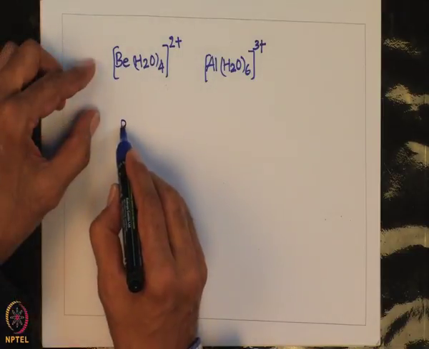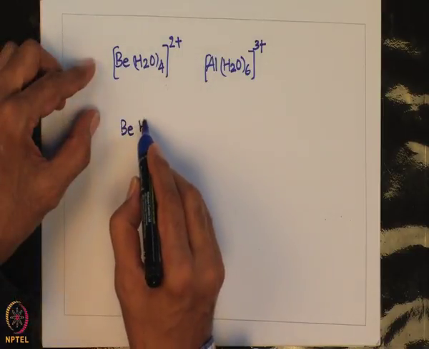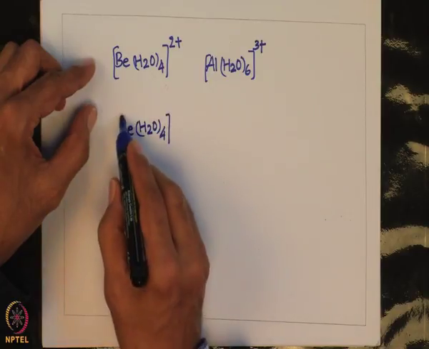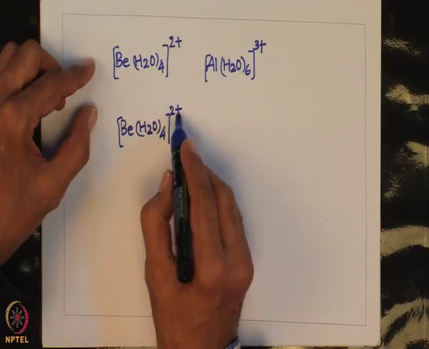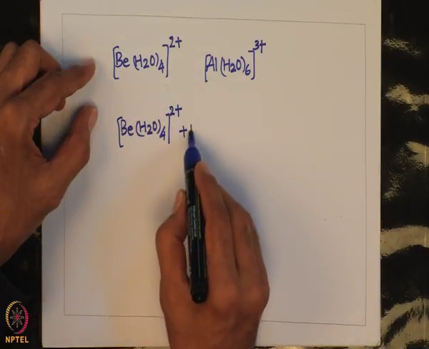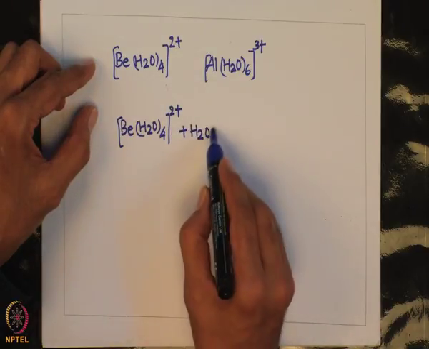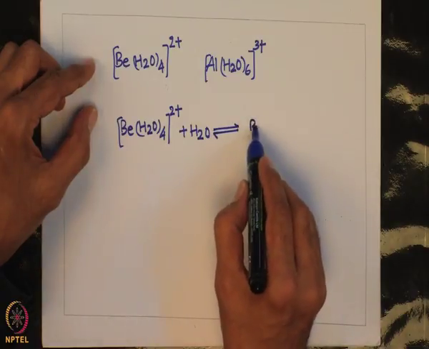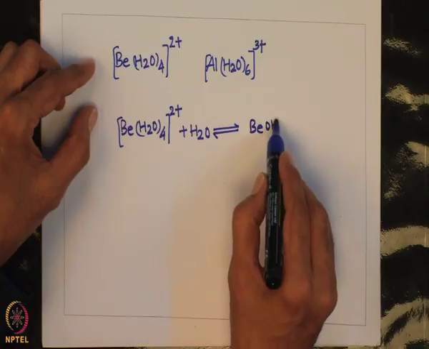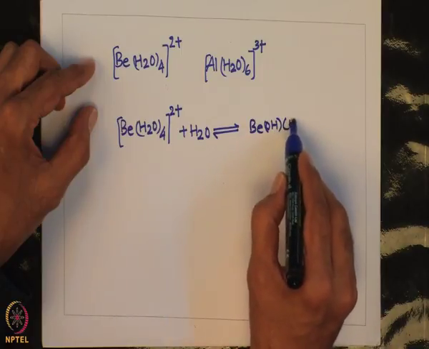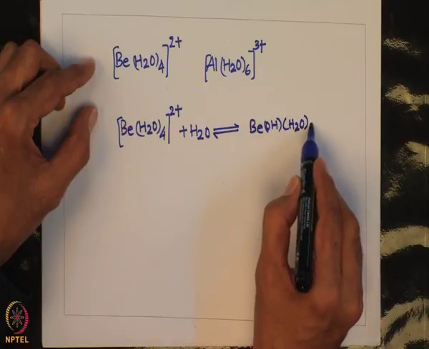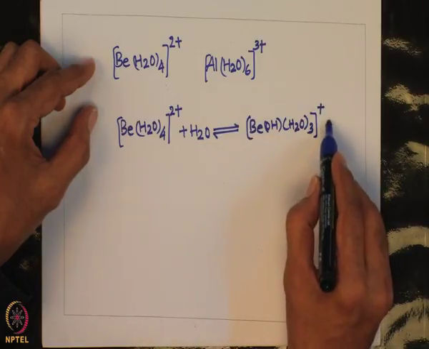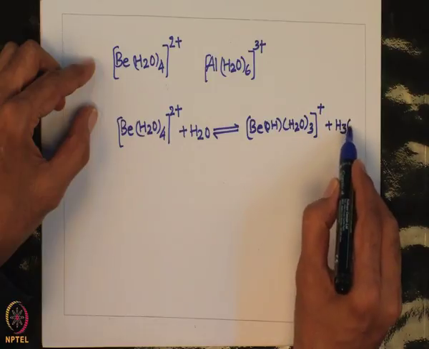For example, if you take the tetraaqua beryllium ion, it gives Be(OH)(H2O)3 plus H3O.